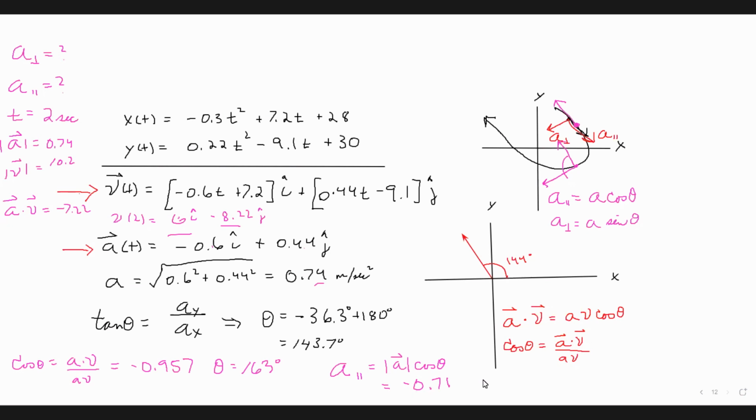Now let's find what the perpendicular component of A is, the component that tends to turn it. That's going to be A times the sine of theta. And that's 0.22.